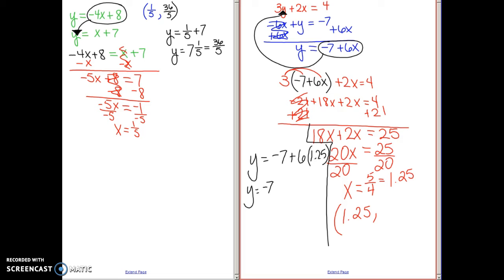So 6 times 1.25 would be 7.5. So negative 7 plus 7.5, y would equal 0.5 or 1/2. My answer is 1.25, comma, 0.5, and that would be my coordinates.